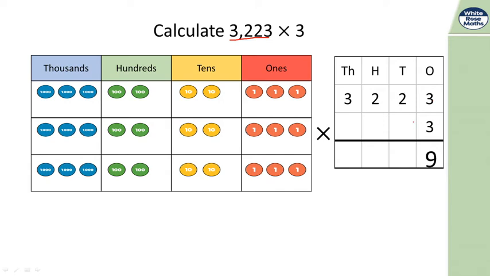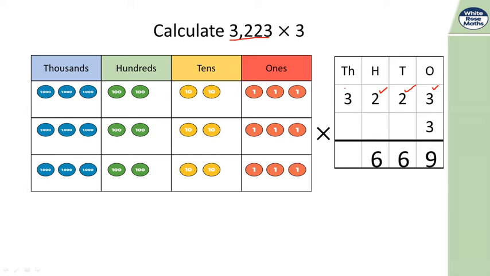Here we've got 3 lots of 2 tens, which you can either count or work out is 6 tens or 60. Next we move over to the hundreds column because we've done the ones, done the tens. Let's go over to the hundreds. 3 lots of 200s, so we've got them here. So we can count them, or we can do it in our head. 3 lots of 200s is 600, because 3 times 2 is 6. Take that, we've done that.